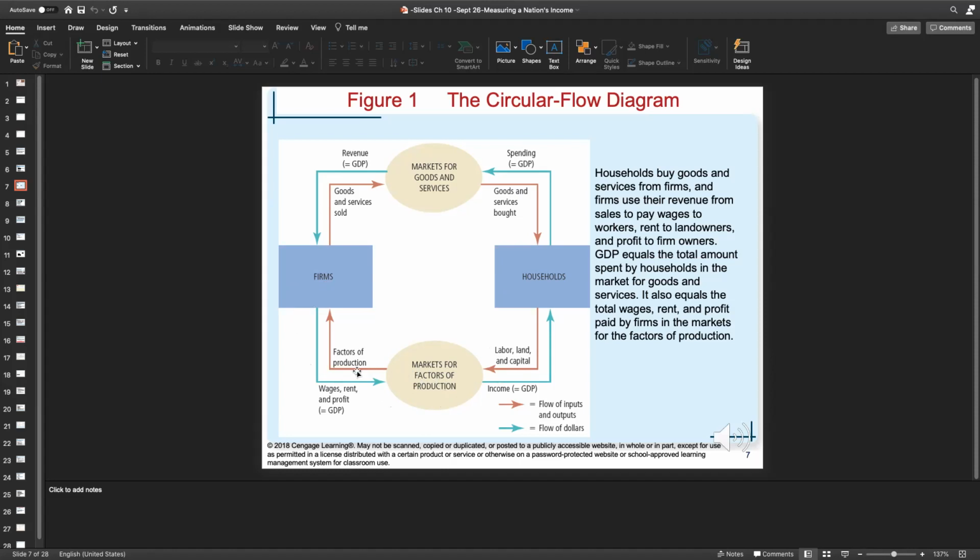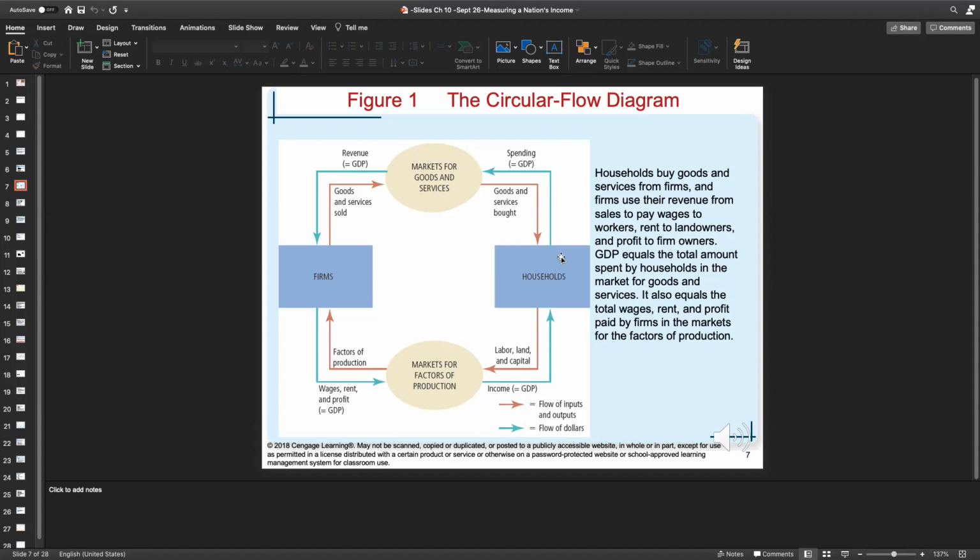The factors of production are supplied to the firms, and in return the firms pay the households wages, rent, and profit for their labor, land, and capital. So that's how you can see that income and expenditure are equal, because this is the flow chart.